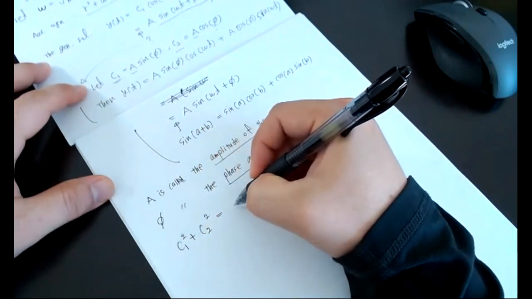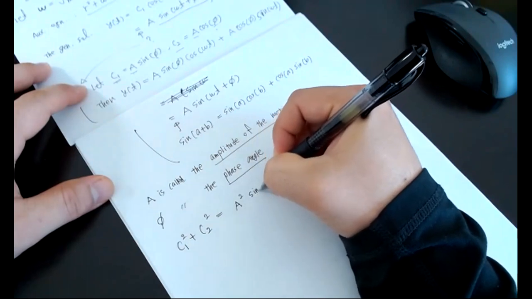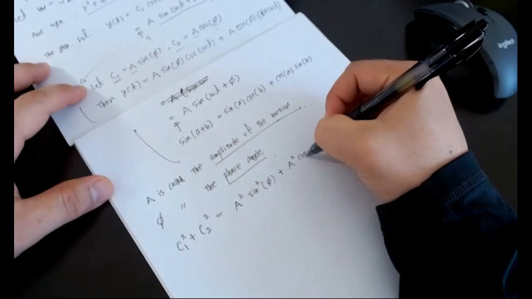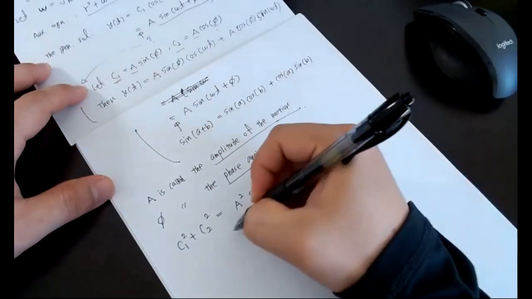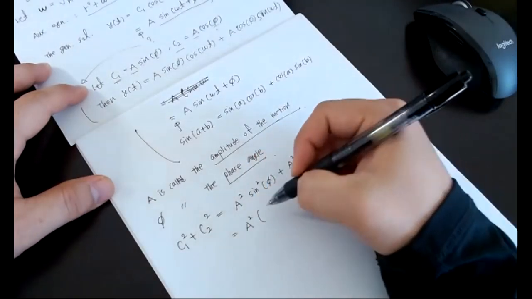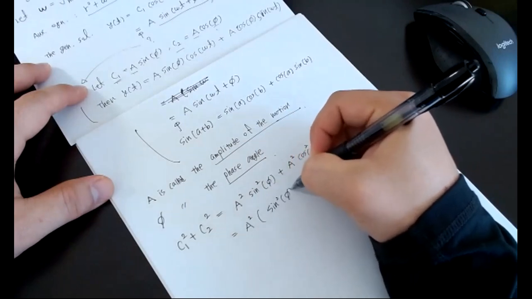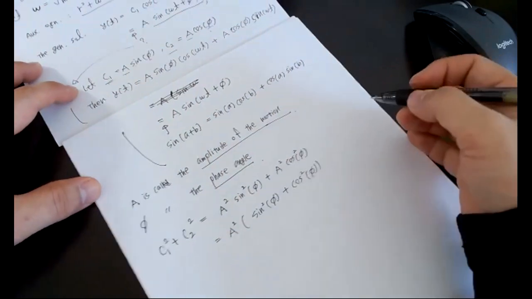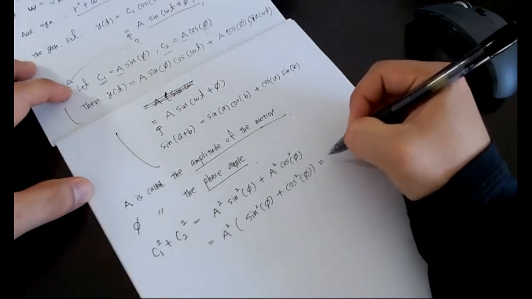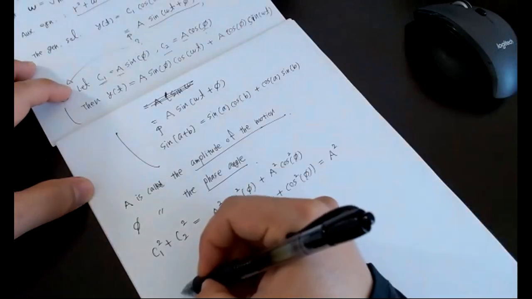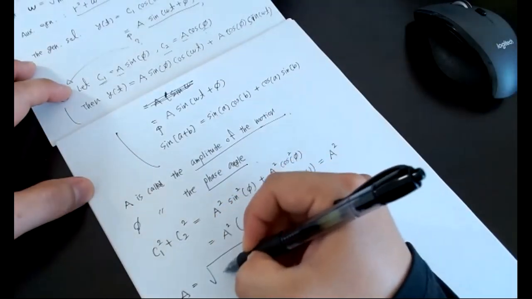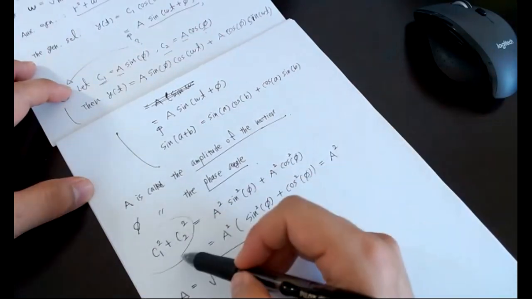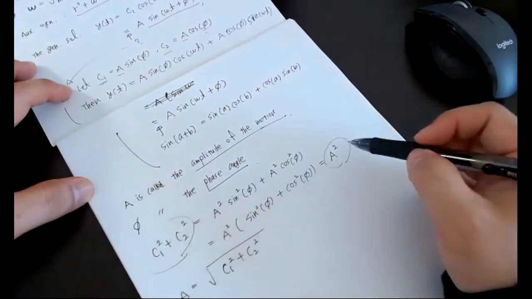This is A squared times sine squared plus cosine squared, and sine squared plus cosine squared is 1. So we got A squared. It means that A is the square root of C1 squared plus C2 squared.